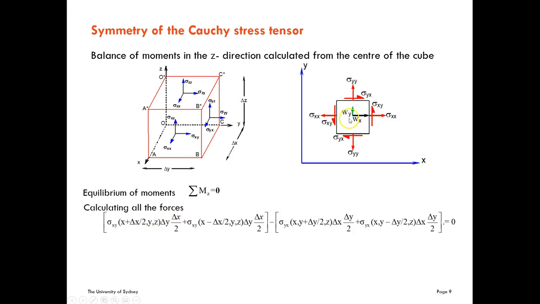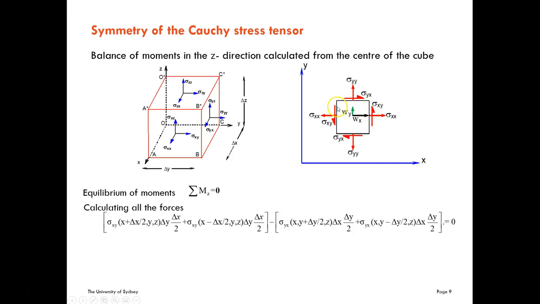So it's going to be, no, the arm of this force is this one, delta x/2. This is the arm, and then I have to multiply by the area to get the proper moment units. So here I have to multiply by delta y, and of course by delta z. I didn't include delta z because it's going to appear in all the components of these equations. So this times delta z is the moment due to this force.